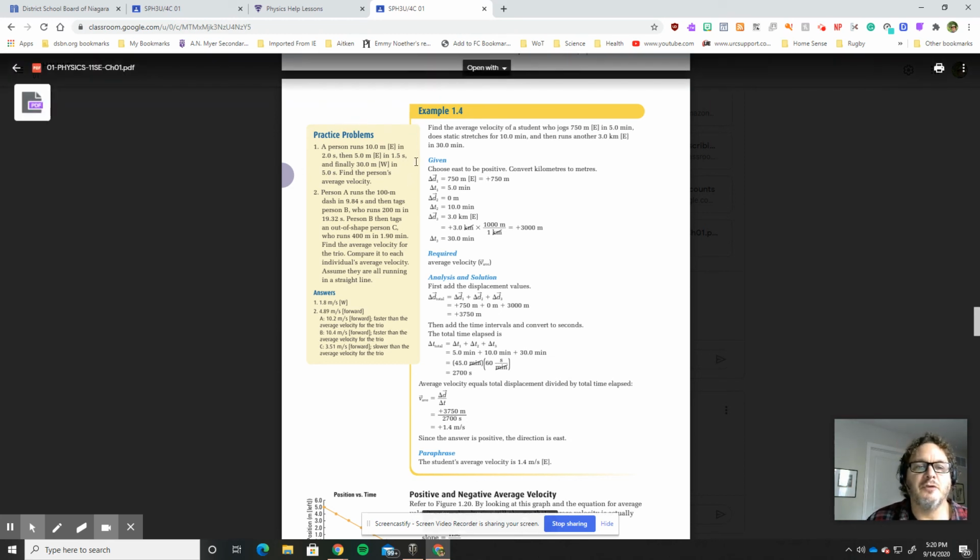You've got to find the total displacement over the total time. So V average is total displacement, and I'll put a little TOT for total displacement, over the total time.